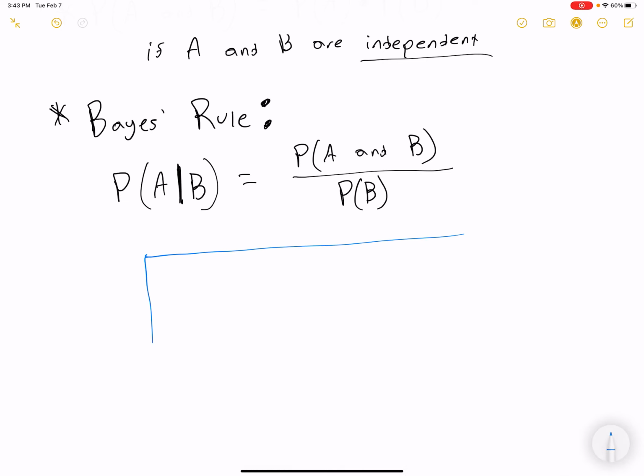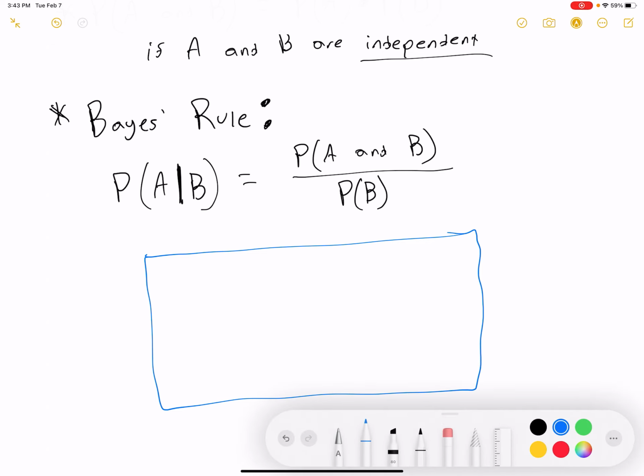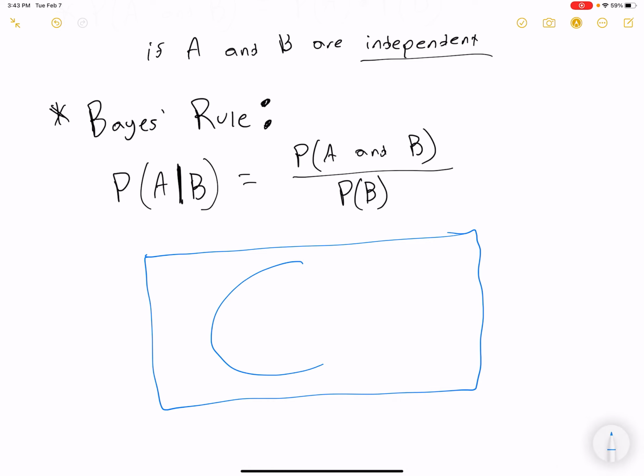So we have our event space, and we have B, and we don't really care about A except for where it intersects.